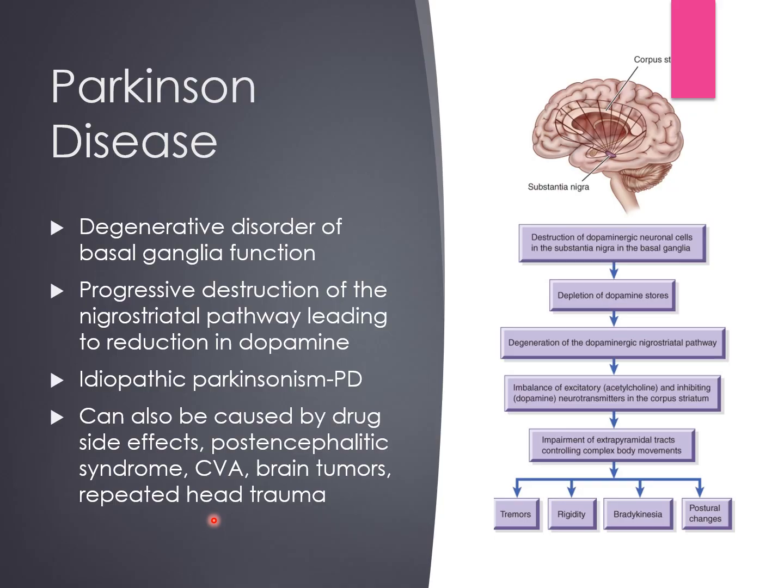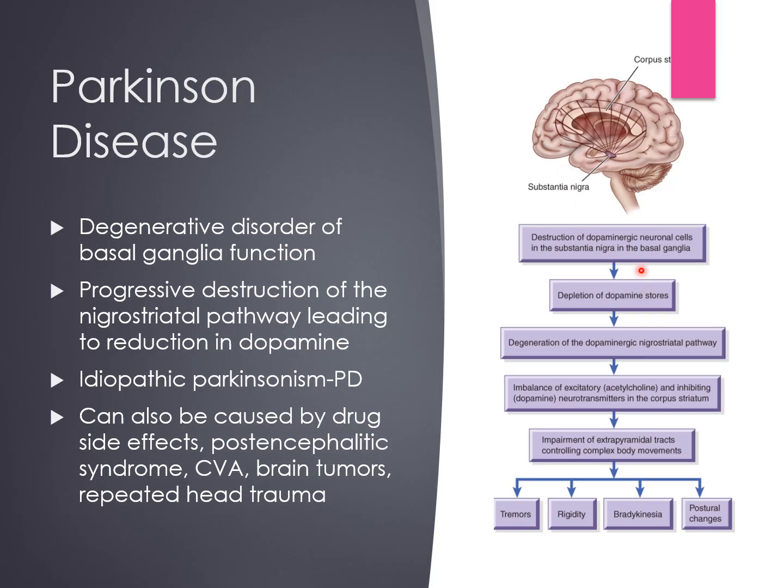It can happen after a stroke or CVA. It can happen with brain tumors or with repeated head trauma. Muhammad Ali, who was a famous boxer, had Parkinsonism, but it was probably not caused by idiopathic Parkinsonism. It was probably caused by repeated head trauma.